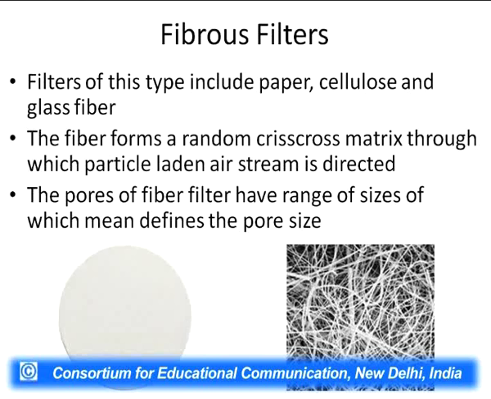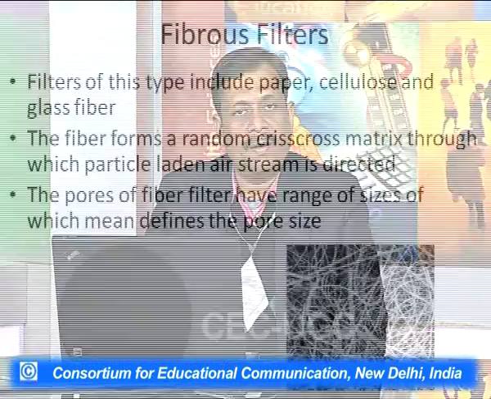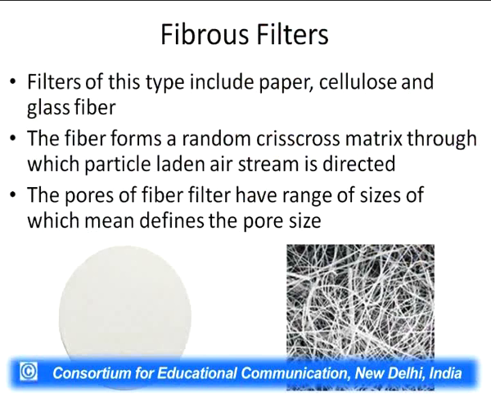On the left-hand side we have a general picture, not magnified, while on the right-hand side there is the magnified picture of fibrous filters. Here we can see that the threads of the cellulose are arranged in a very crisscross manner. So, it has a sieve-type structure through which the air is passed, and these sieves basically decide what diameter of particles will be deposited.